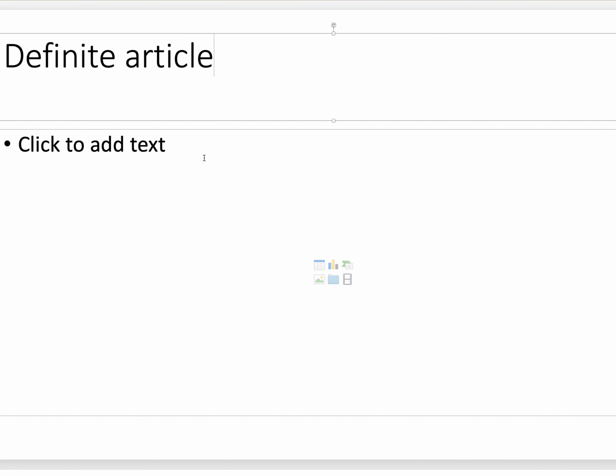And in English we just say the, right? In French we have 4 different ones. Le for the masculine, for example, le professeur de français, right? La for feminine, la femme, or let's just use words from our vocabulary.